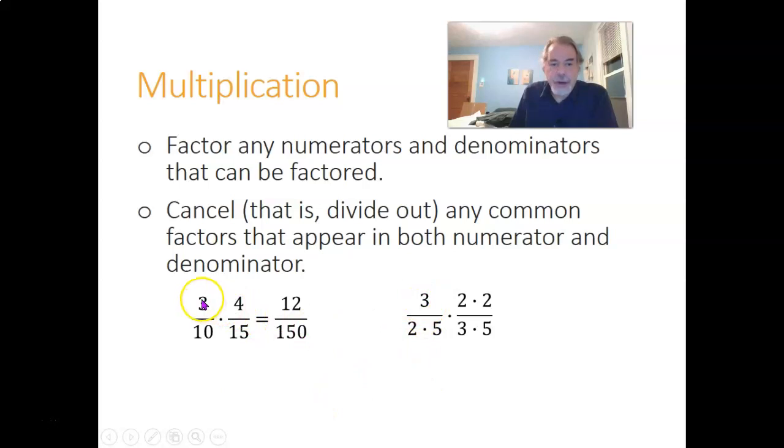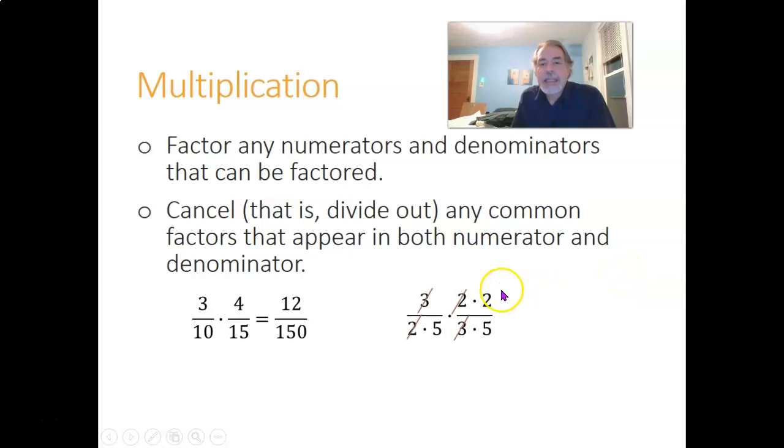So we got a 3 here that can't be broken up any further. We got a 10 that's equal to 2 times 5. 4 can be factored into 2 times 2. And we can break the 15 up into 3 times 5. So now on top we've got a 3 times a 2 times a 2. And on the bottom we got a 2 times a 5 times a 3 times another 5.